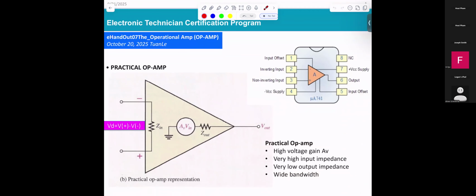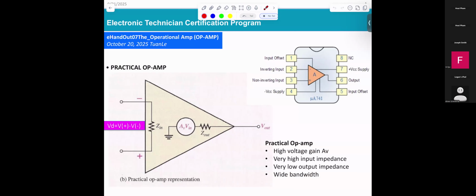Okay, now this is the IC op-amp we're using in the lab. Okay, they have input positive, negative, and the output. And what pin for the power supply.